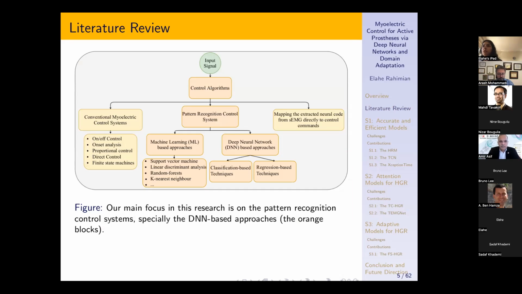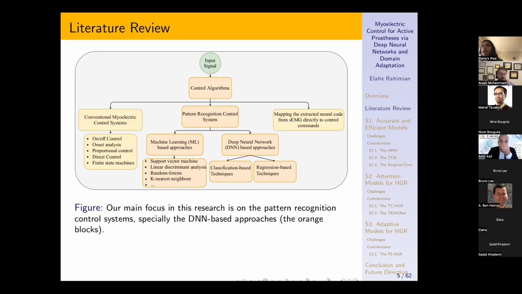The control algorithms can be categorized in three main sections. The first is conventional myoelectric control systems, which offer several benefits. For example, they are very straightforward to implement, but they have some disadvantages, for example, a limited number of degrees of freedom. The second category, specified by the orange color, is the main focus of this thesis.